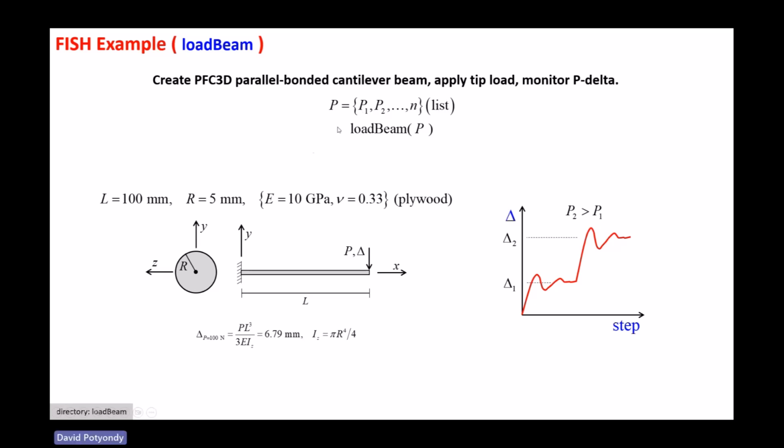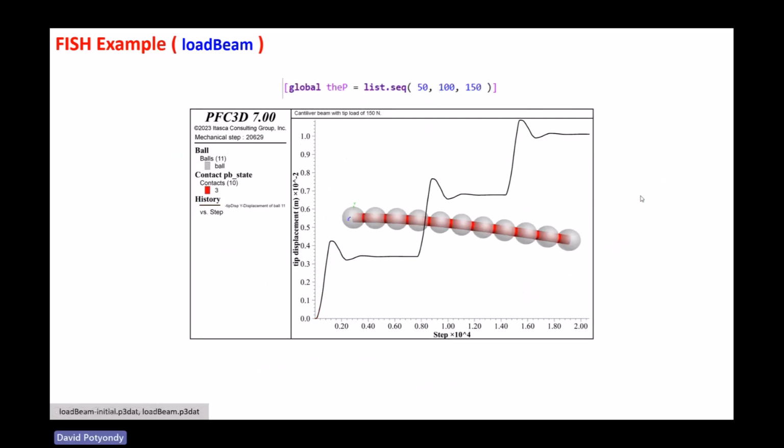Okay, so if we gave, let's say, 50, 100, 150, and then again measured tip displacement versus step, this is P1, it should go a certain amount to delta, then it should go a certain amount, and then it should go a certain amount. So if we do that with this as the input, right, this is the answer we should get.